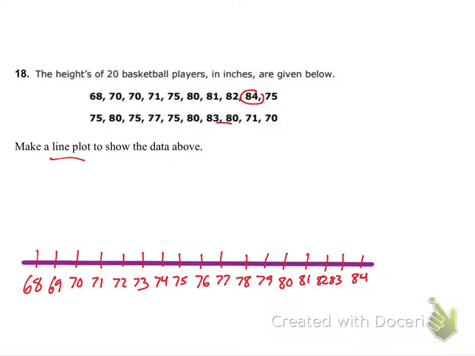So I have all my numbers here, and all you're doing is putting an X on top of the number for each time it occurs. So 68, this first one, cross it off, just put an X there. 70, I see that happens twice, so that'll be an X and then an X on top of it.